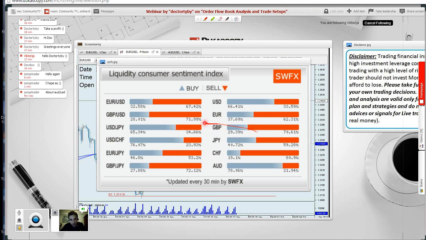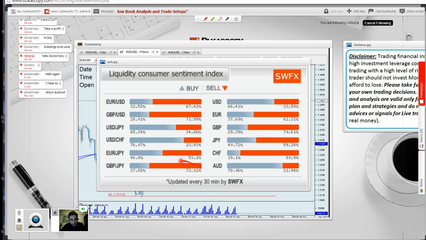Great Britain pound 71% bearish sentiment on the index, correlated with the 66% bullish sentiment on US dollar, which should see around 80% bullish, 78, I believe, 78% bearish sentiment on Great Britain pound US dollar, and also 69% bearish sentiment on the euro dollar, as you can see here.